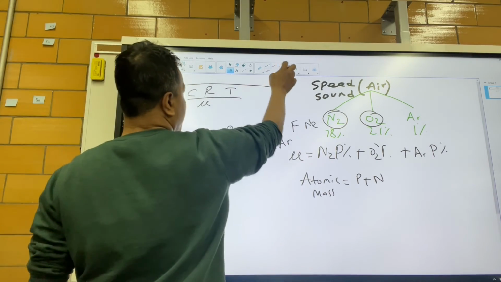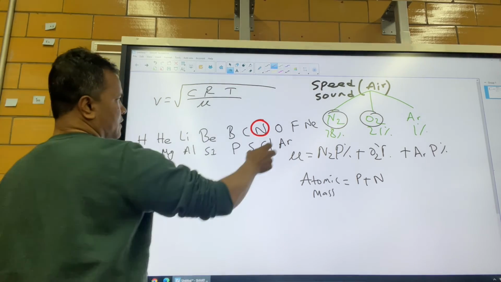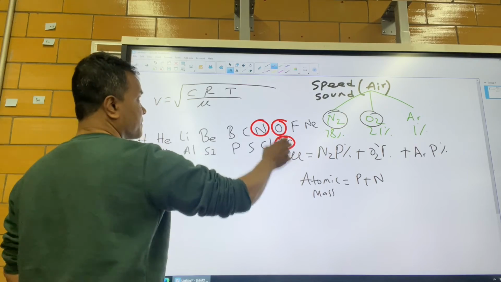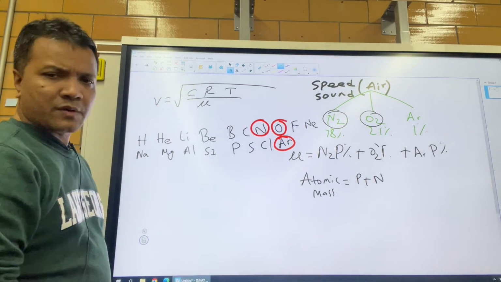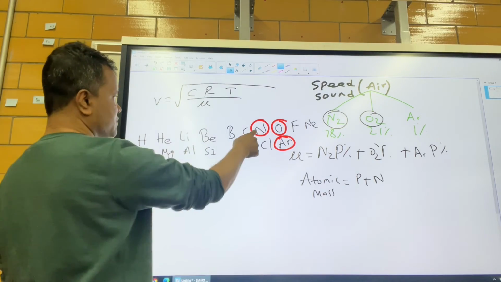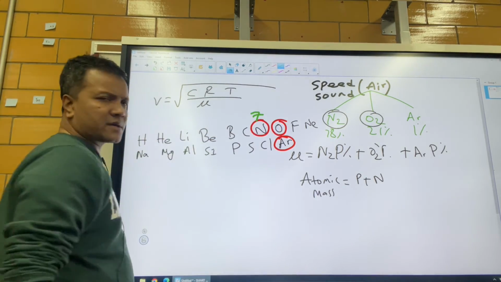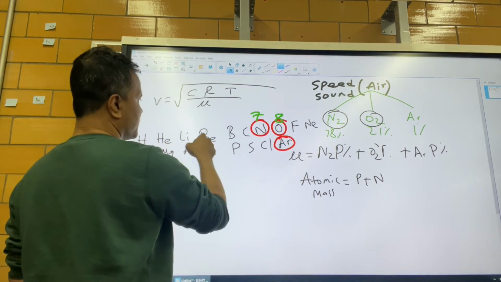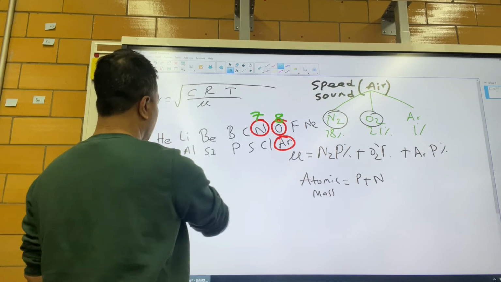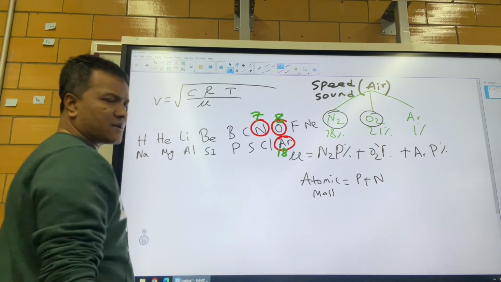So what do we have here? We have nitrogen, oxygen, and argon. The number of protons in nitrogen is 1 2 3 4 5 6 7. It is 7 on the periodic table. This is 8 on the periodic table, and this is 18 on the periodic table.